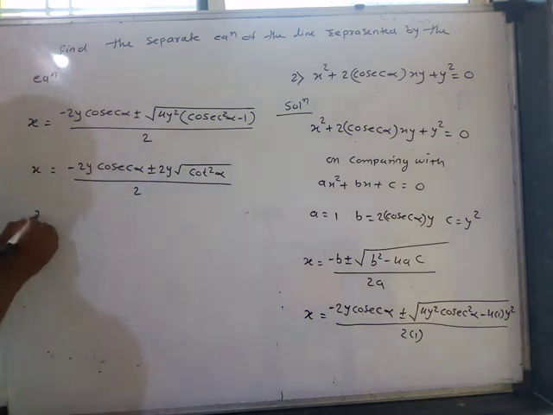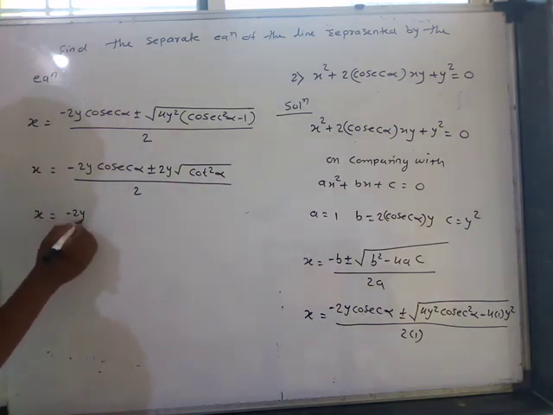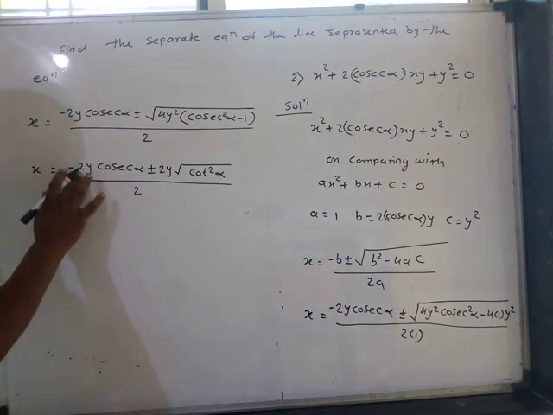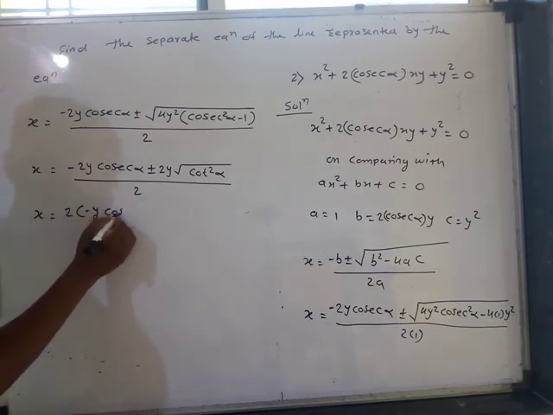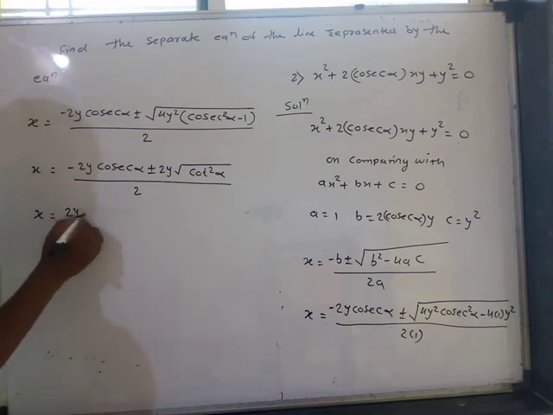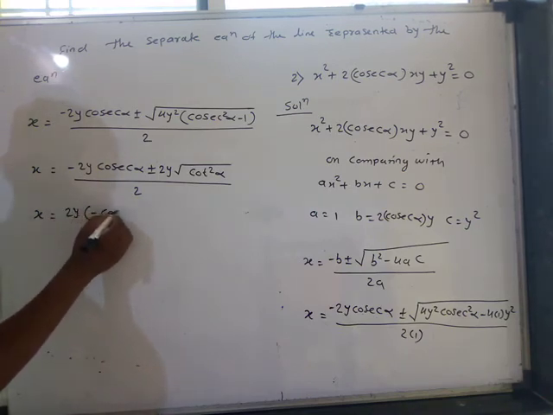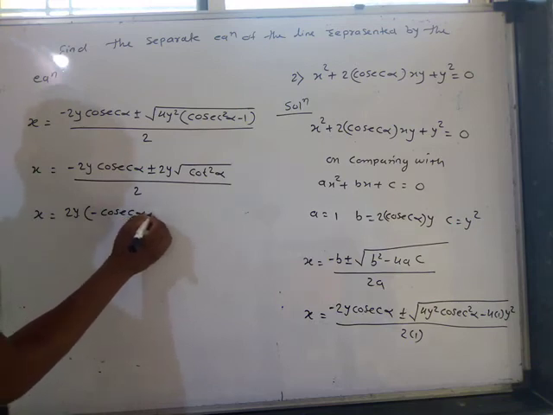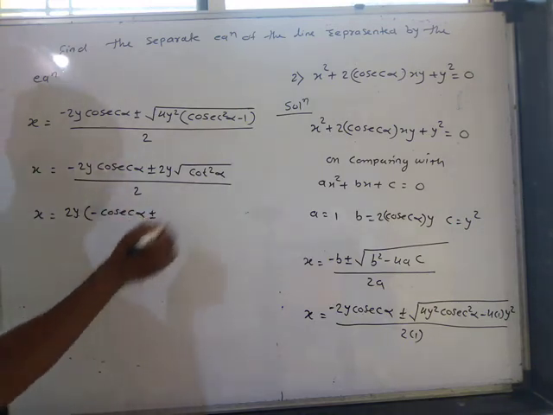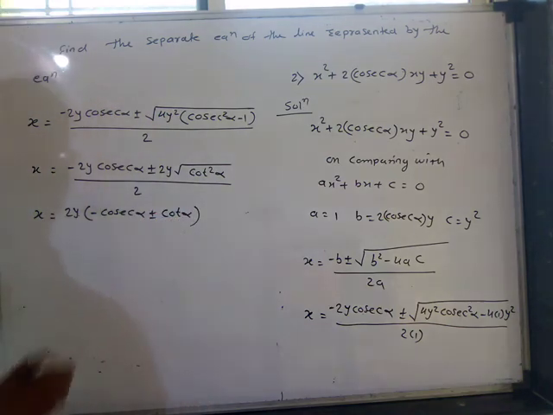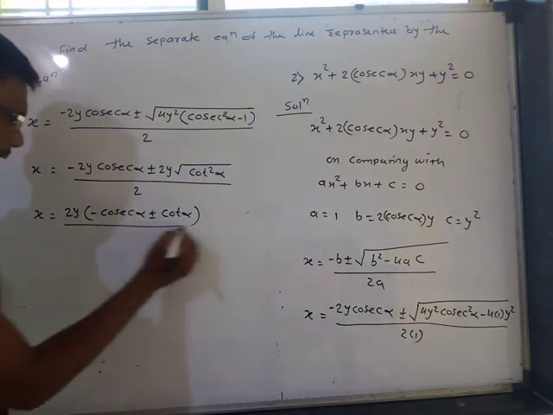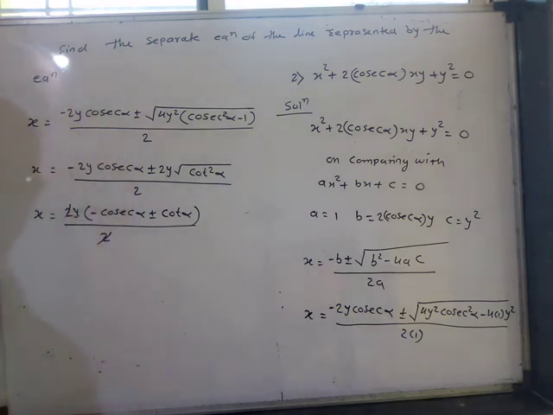Then x is equal to minus 2y cosec alpha plus or minus, taking 2y common, then minus cosec alpha plus or minus, square and square root get cancelled, that is cot alpha, and whole divided by 2, so 2 gets cancelled.